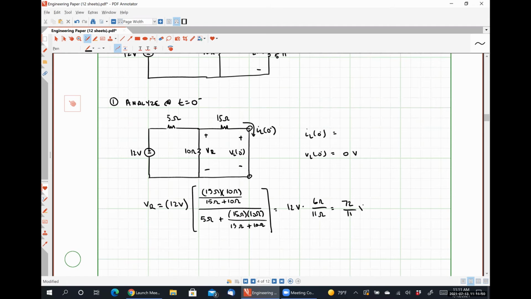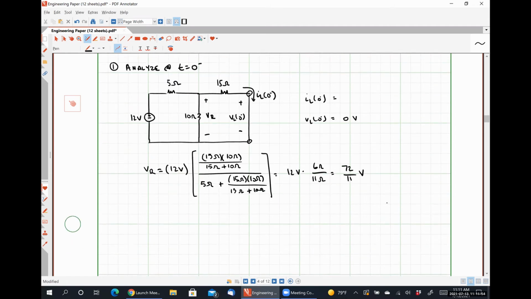$72 over 11 volts. And so from that, IL at 0 minus is equal to VR over 15 ohms.